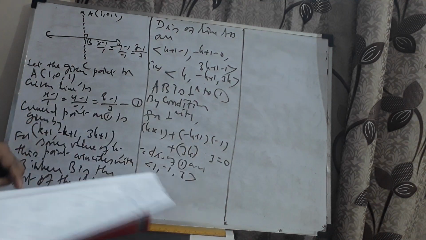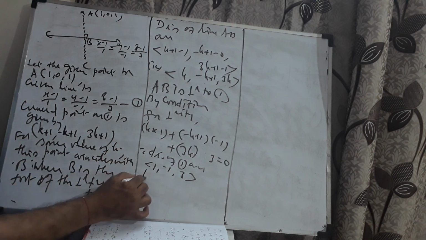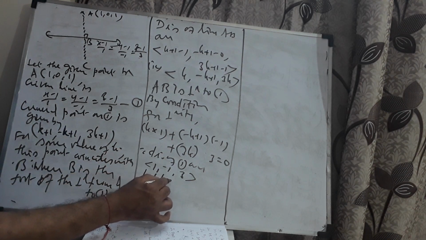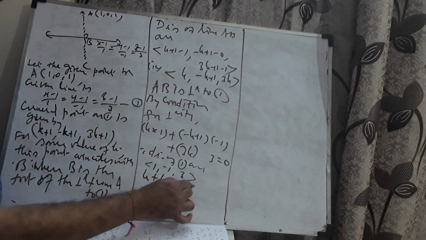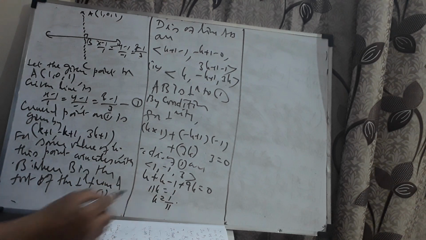Let me try to simplify this. What do I get? k plus k minus 1 plus 9k is equal to 0. Therefore 11k is equal to 1. k becomes 1 by 11.